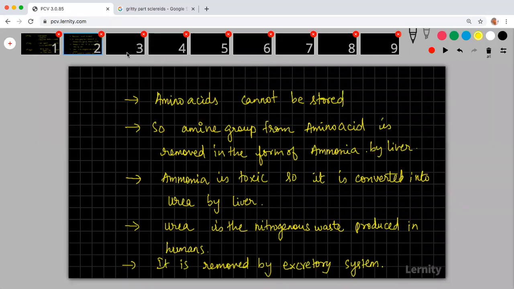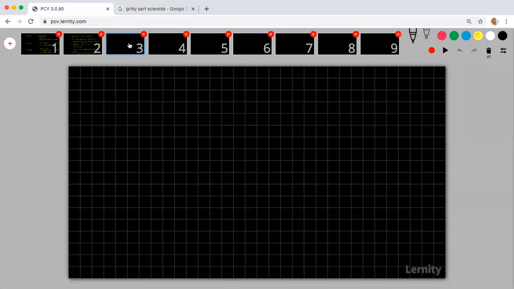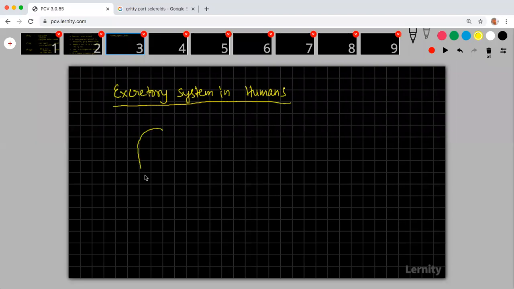So now we'll try to study about the excretory system. Okay, so the excretory system in human beings is made up of two kidneys which are there.